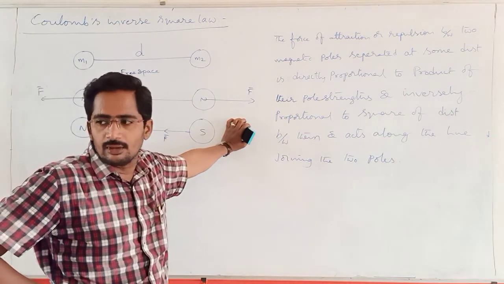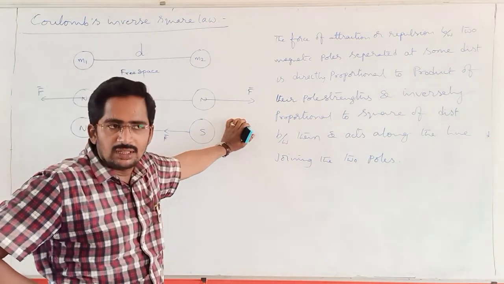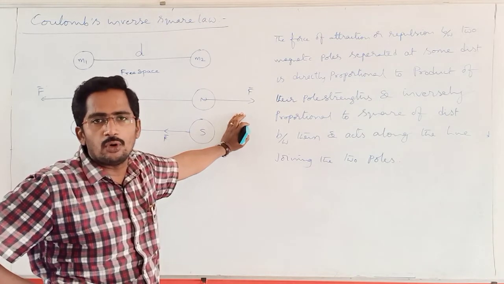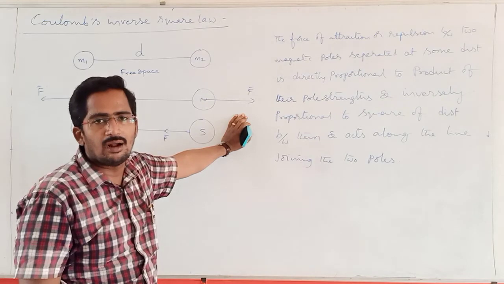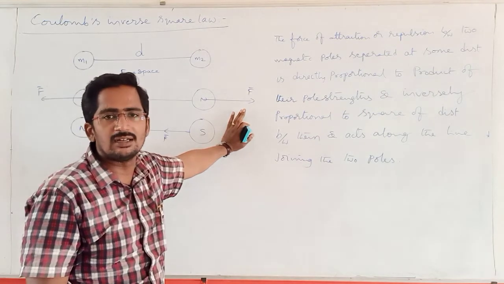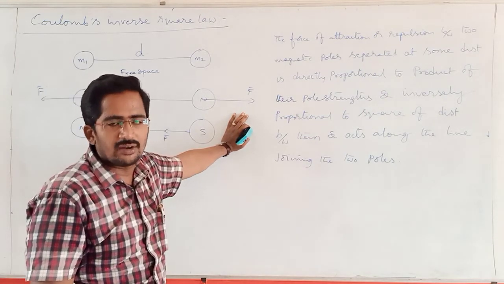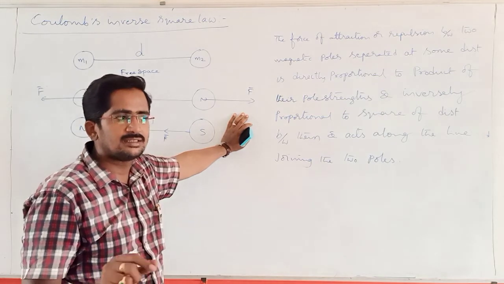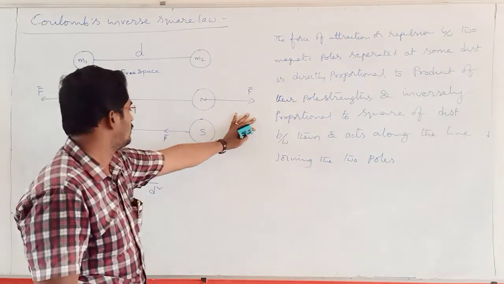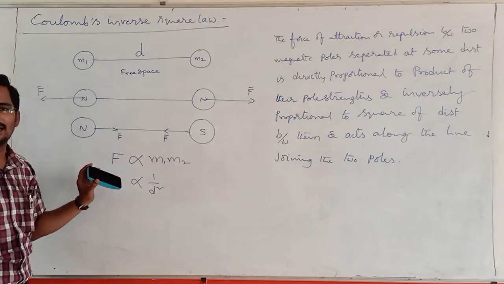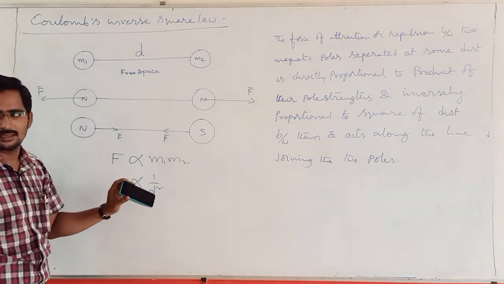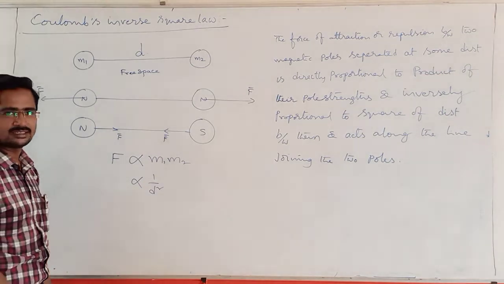That means the magnetic force acting between two poles acts along the line joining the two poles. Due to that reason, this force is called a central force. Anyhow, the force of attraction or repulsion is directly proportional to the product of their pole strengths and inversely proportional to the square of the distance between them.